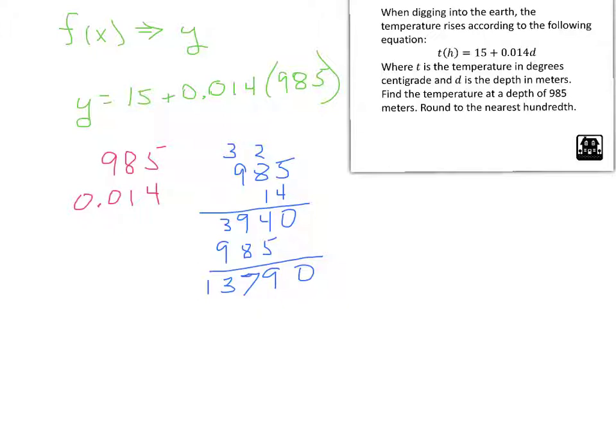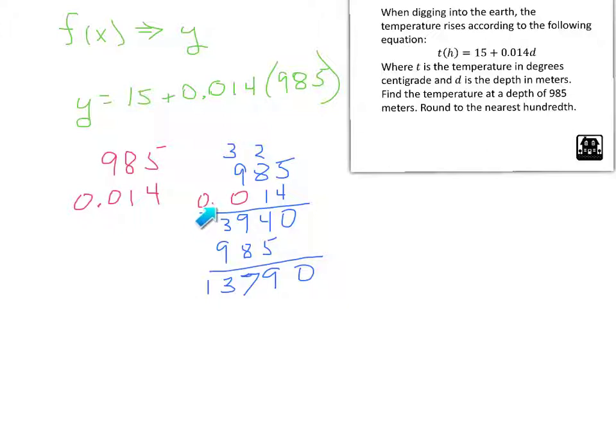But if you remember, we weren't multiplying by 14, we were multiplying by 0.014. So after you multiply by 14, you get some humongous number down there. Then you go back over here and you count from here 1, 2, 3 points.